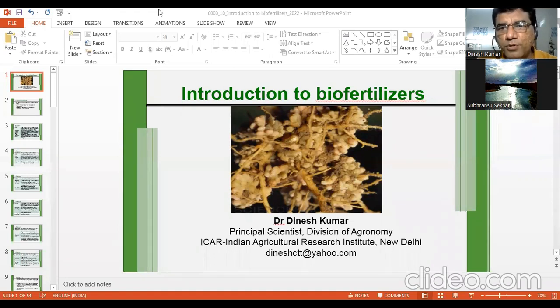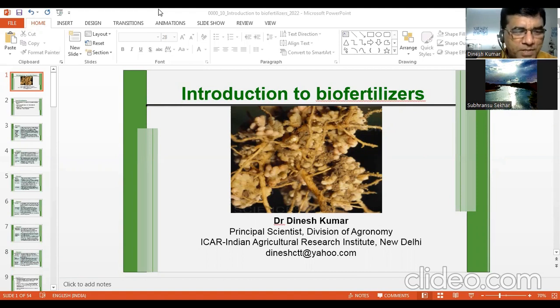And there is no pollution if you use biofertilizers. Biofertilizers are part of INM, and they are not pollutants. They will not pollute your environment. And they are the cheapest source, very economic. If a biofertilizer supplies, say, 20 kg nitrogen per hectare, and the price of 1 kg nitrogen is about rupees 11, just assume rupees 11, then 20 kg nitrogen means rupees 220.